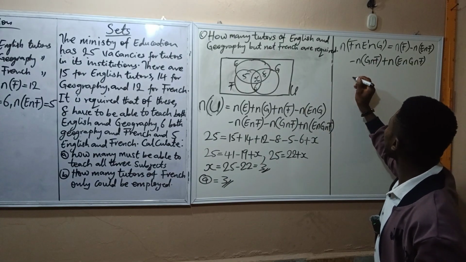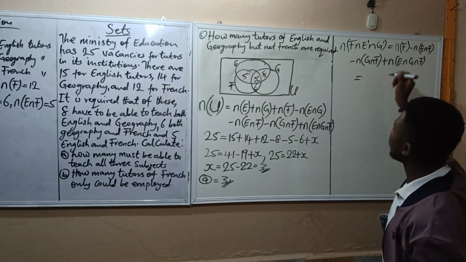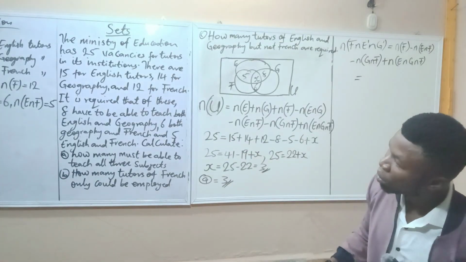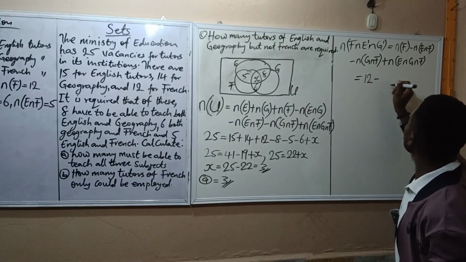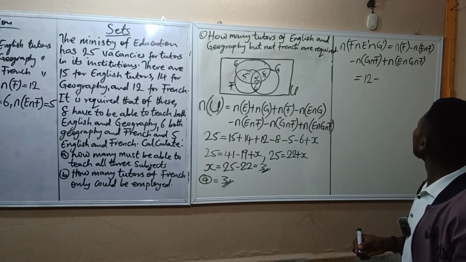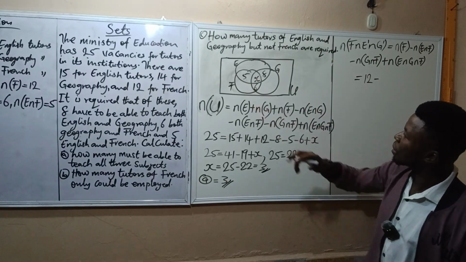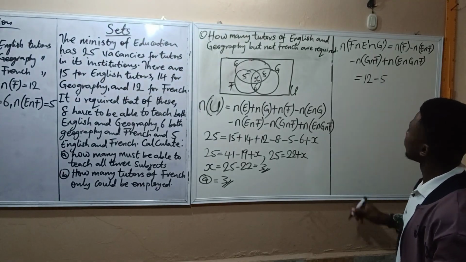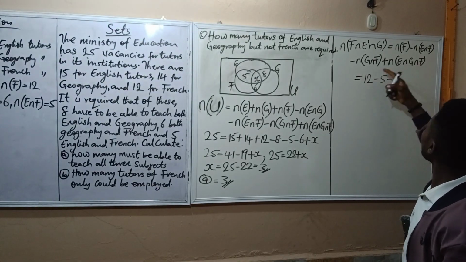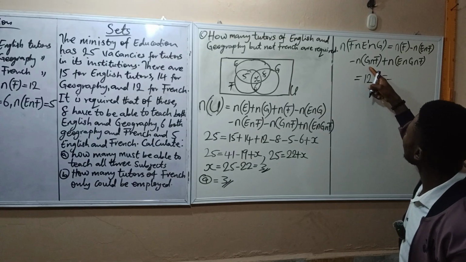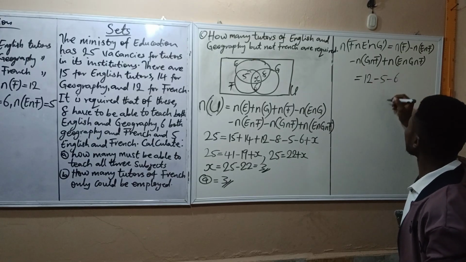And this is equal to the number of F. The number of French is 12. Then minus the number of French intersection English. This is 5. Then minus the number of geography intersection French. This is 6.